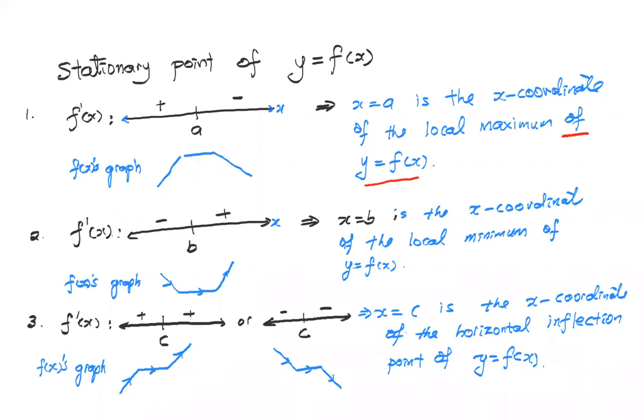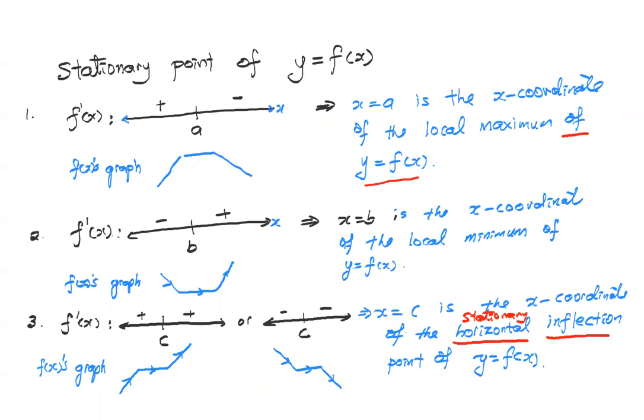Your book didn't use the word horizontal. It used the word stationary. It means the same thing. And what an inflection point is, I will let you know later. Clear?